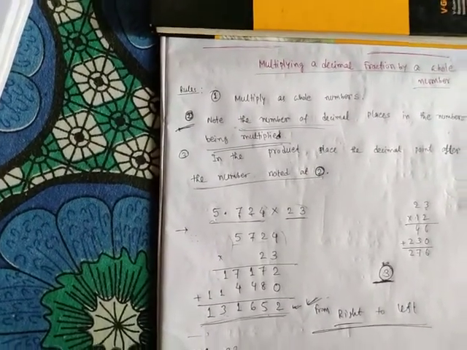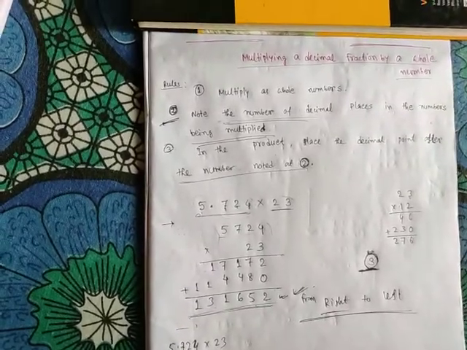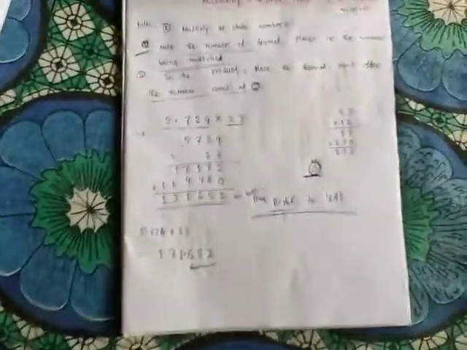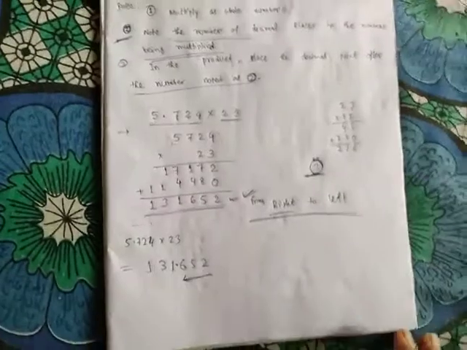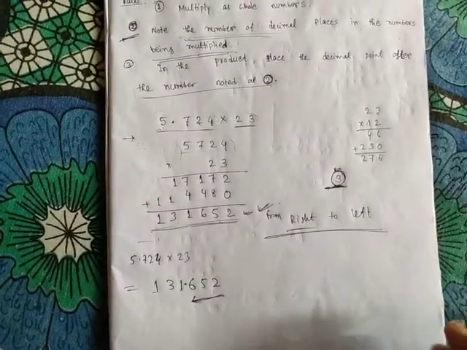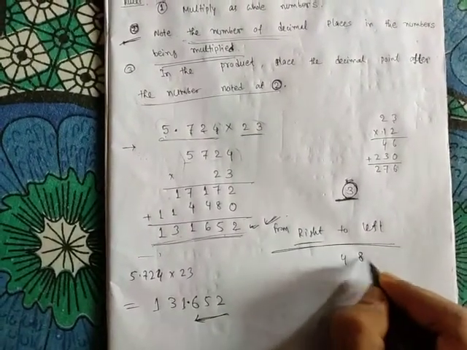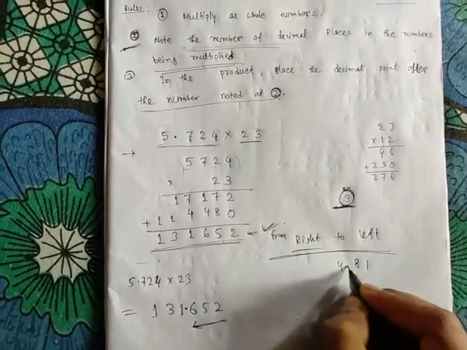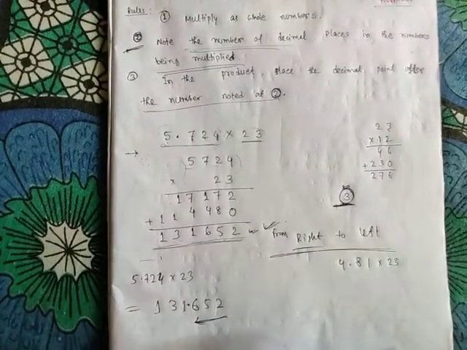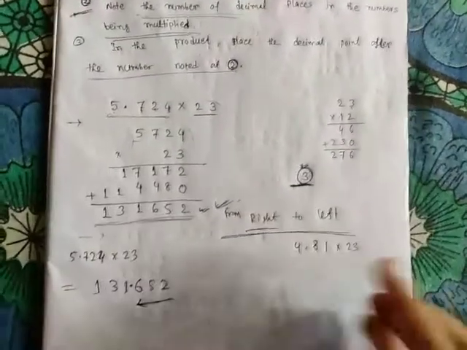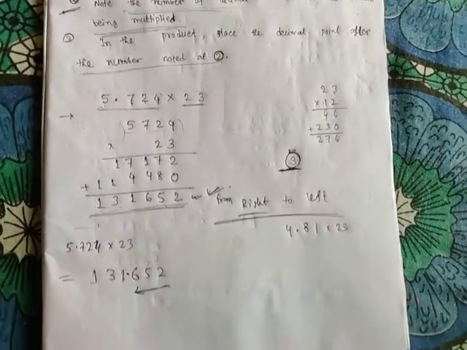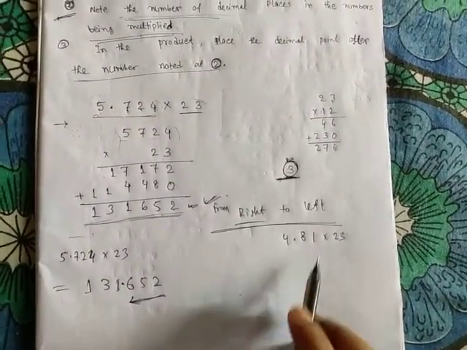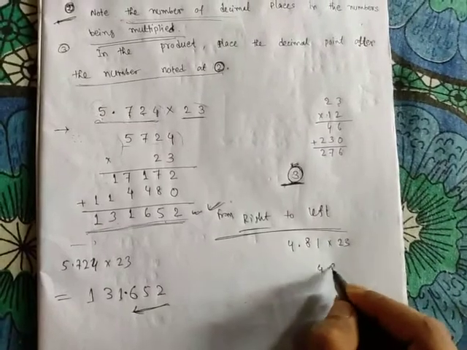But this process is not right, because I will do another sum, then we will understand. Suppose an example from your book, 4.81 into 23. First forget about the decimal point and write this as a whole number, so it will be 481.